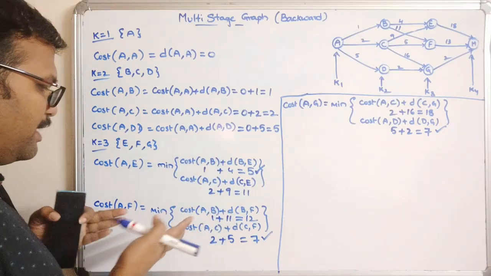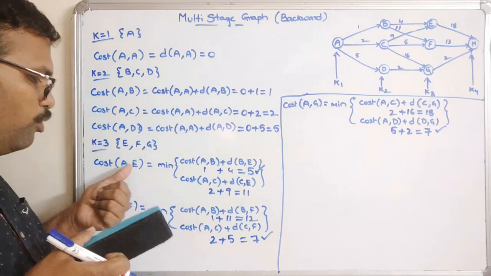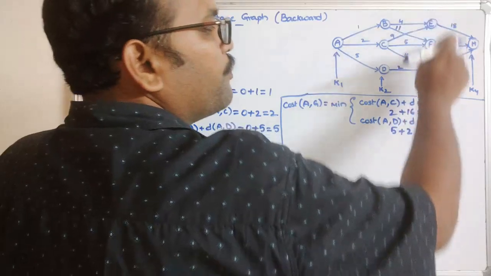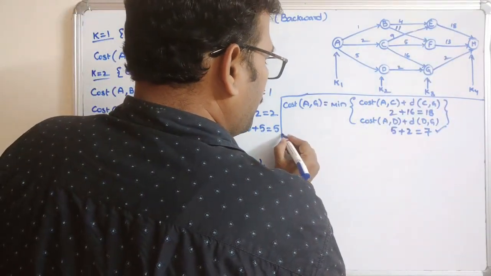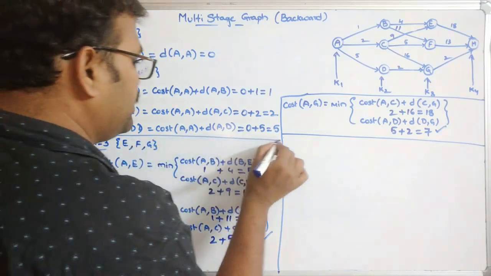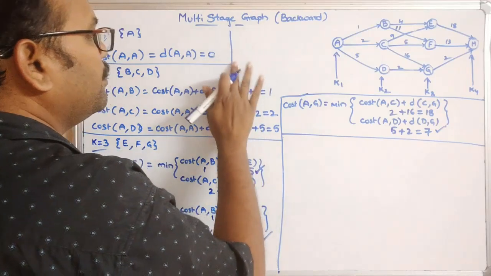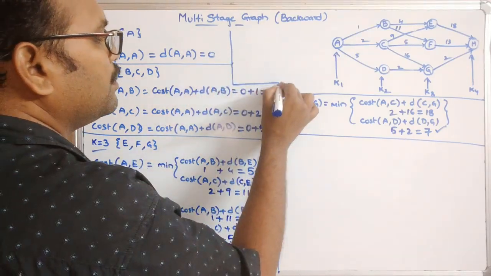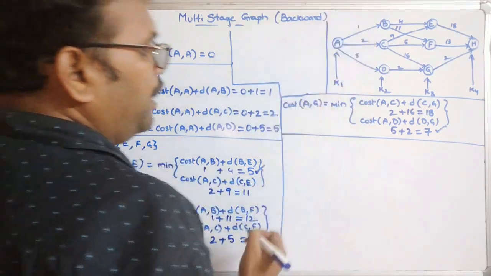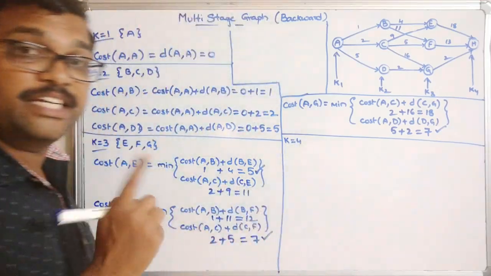Okay. So any other vertex? We have found the distance from A to E, A to F and A to G. So E, F, G are all from stage 3. So this is stage 2 and this is stage 1. Now going to stage 4, which is the destination.